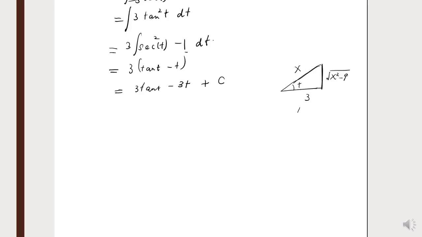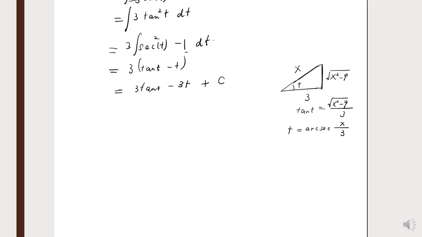And obviously, you can have tan t as the square root of x squared minus 9, divided by 3. And t will become arc sec of x over 3.